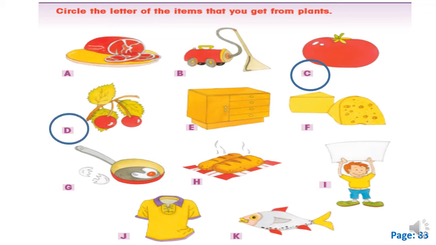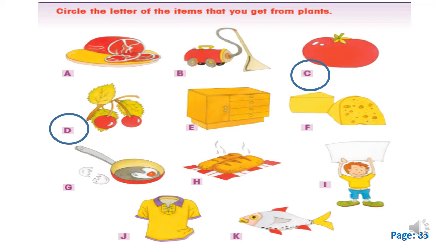Now we have the closet. Is this one from plant? Try to remember. I can make this closet from wood. And wood comes from plant, especially from which part of the plant? From the stem.